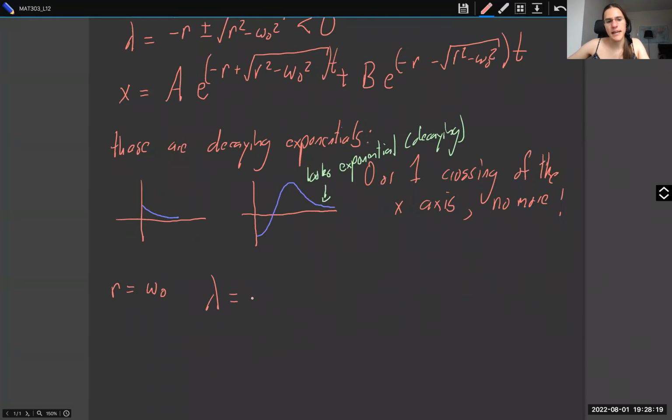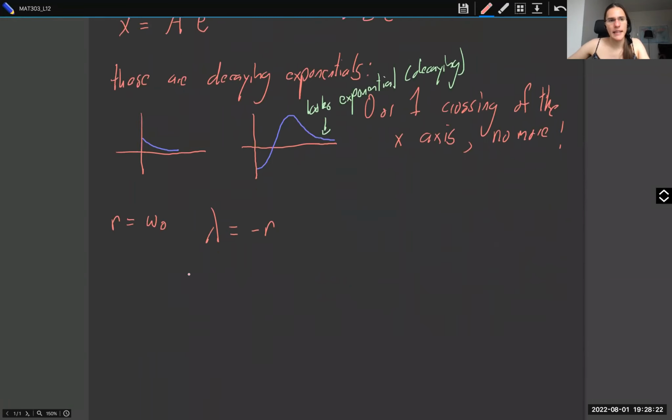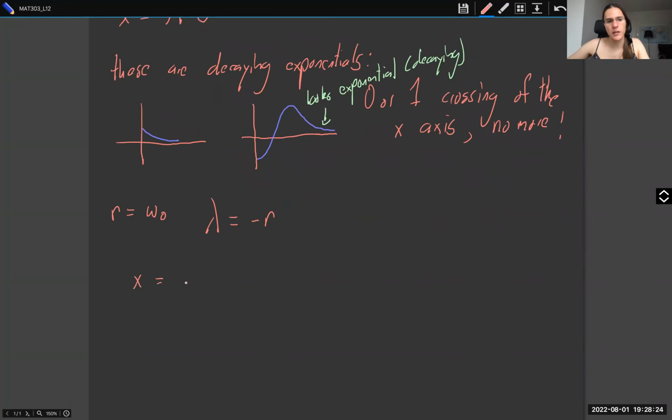So it's just going to be negative R. And then x is going to equal a times e to the negative RT, plus b times t times e to the negative RT. But if we look at this term, it gets multiplied by t. So maybe that makes the term bigger, but then there's an exponential. And exponentials always win over polynomials. So in other words, this is still a decaying term.